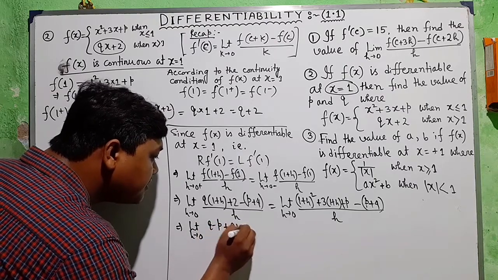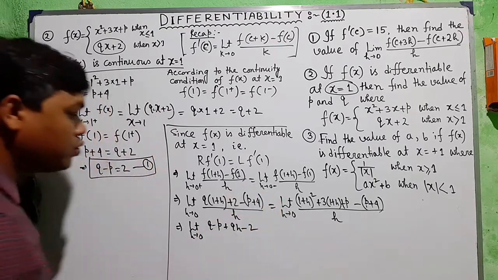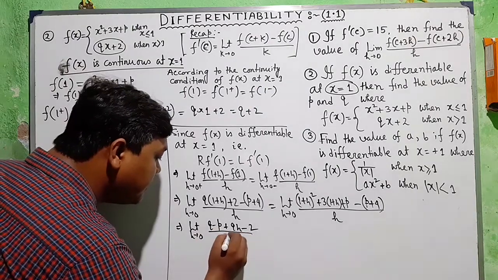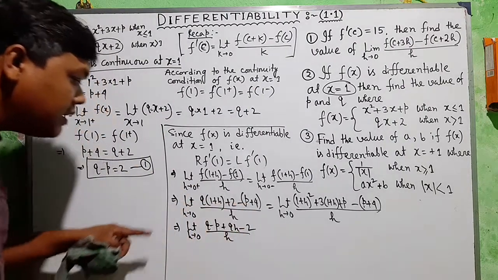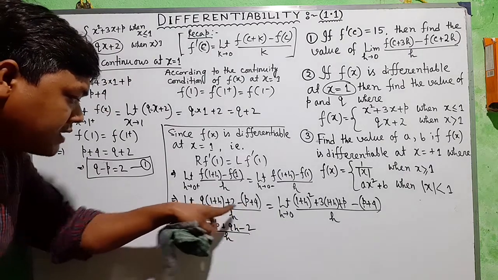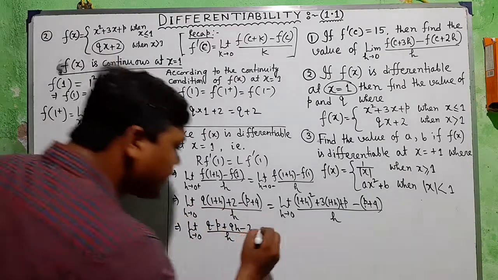plus qh minus 2 by h. Am I right? Just I have written here q into 1 minus p and q into h, and minus 4 plus 2, that is minus 2.